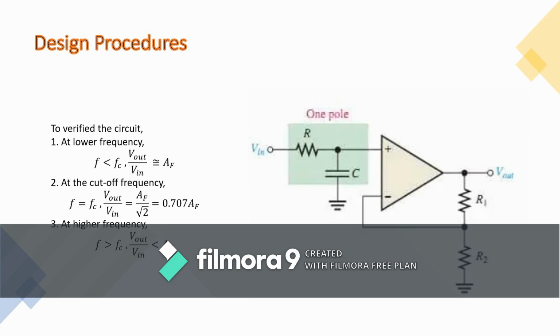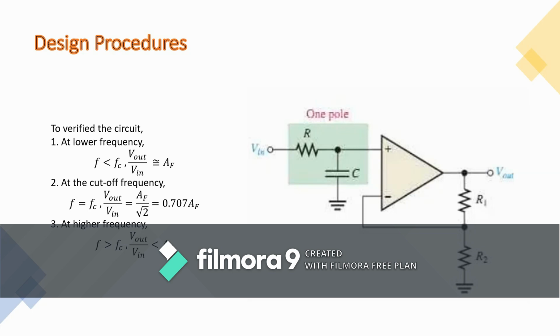To verify whether the output voltage of the circuit is correct or not, we can use the formulas stated below. During low frequency, which is when the input frequency is lower than the cutoff frequency, Vout will be approximately the gain multiplied by Vin. At the cutoff frequency, where the input signal is the same as the cutoff frequency, the output voltage will be equivalent to 0.707 multiplied by the gain and multiplied by the input voltage Vin.